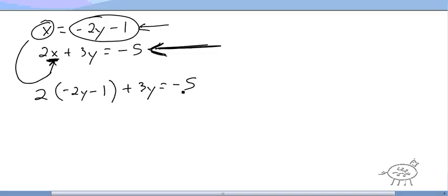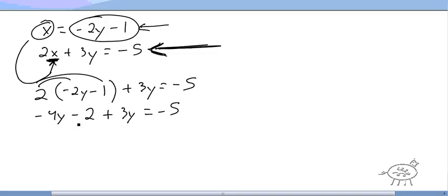Alright. Once I have that, I'm basically solving for y. Okay? So I just need to distribute. So remember, I'll follow all the rules. So distribute the 2. So negative 4y minus 2 plus 3y equals negative 5.